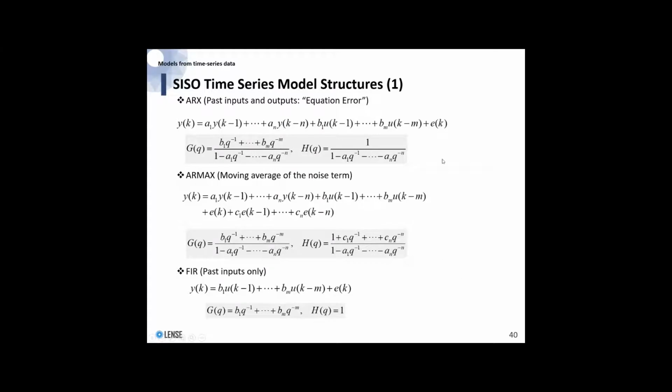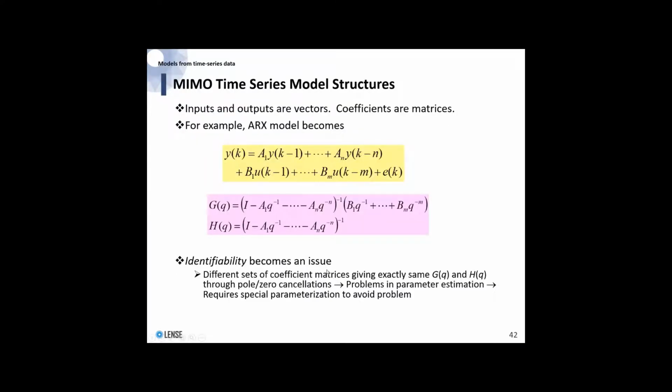And then there are other kinds of models, right? I'm not going to go through all these, but the most popular kinds are ARX and ARMAX. Now, what I want to tell you is that it's fairly easy when you are trying to model each output at a time, one output at a time.